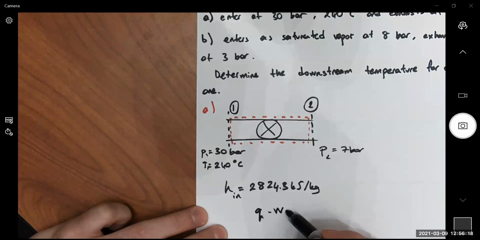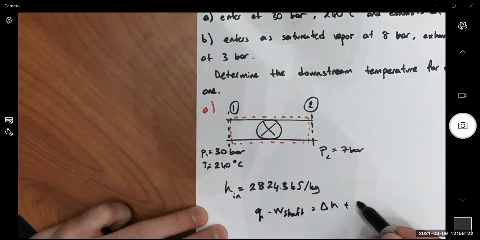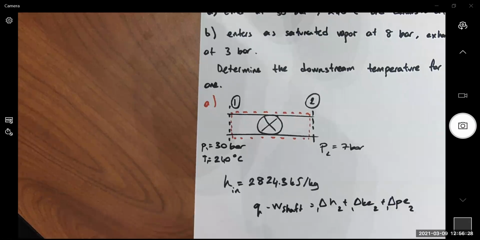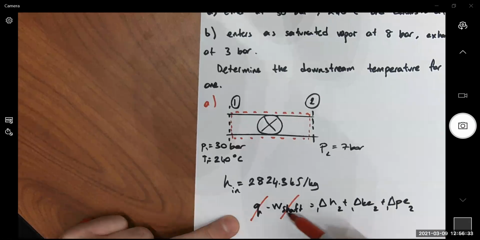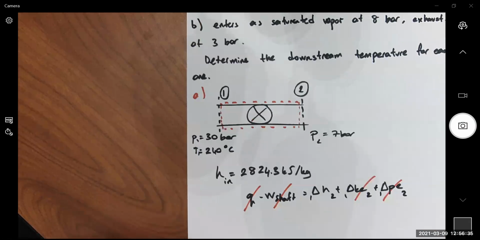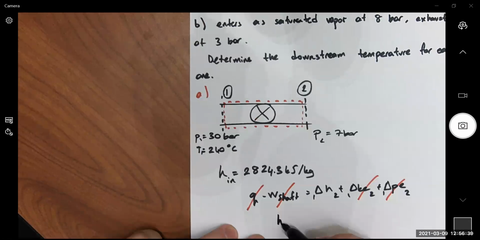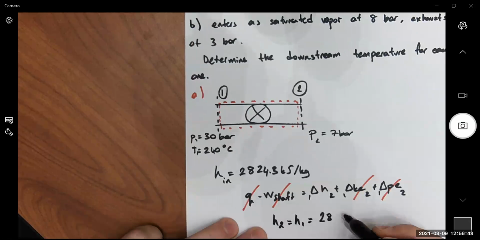Q minus work shaft equals delta H plus delta kinetic energy plus delta potential energy. For an ideal throttle, Q, work shaft, kinetic energy and potential energy are 0. And from here, H2 equals H1, which is 2,824.3 kilojoules per kilogram.